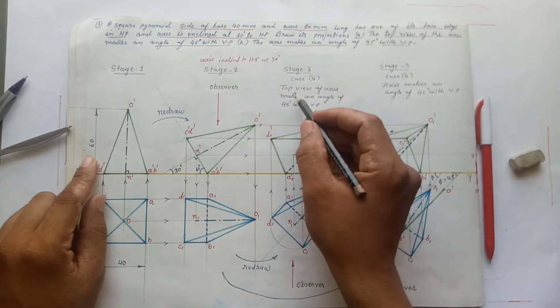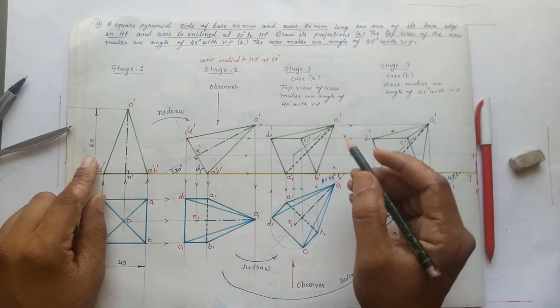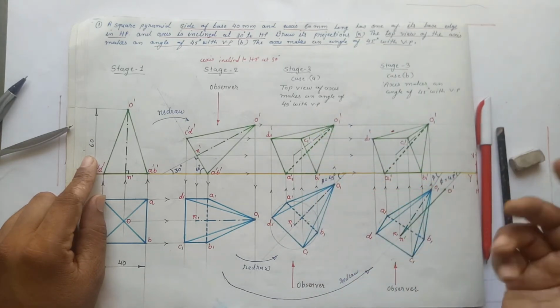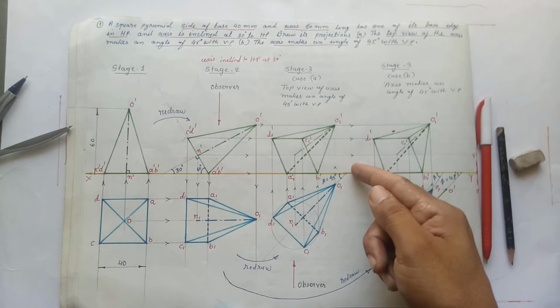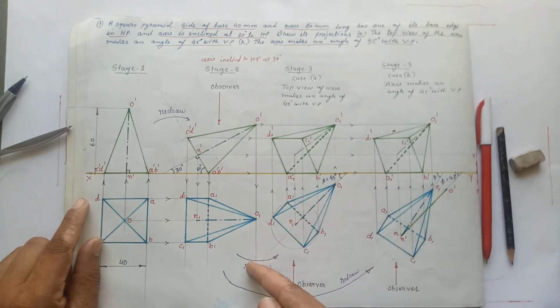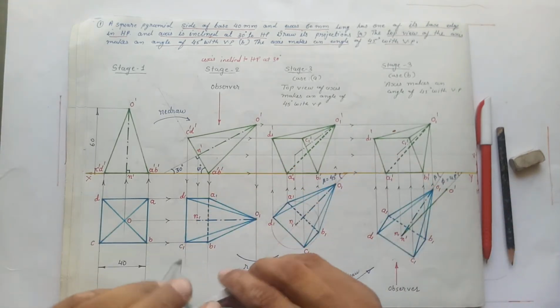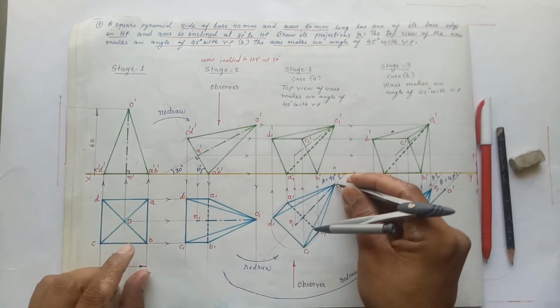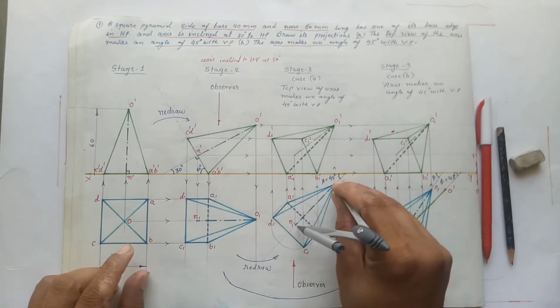Here it is given that the top view of the axis makes an angle of 45 degrees to VP, and the angle of the top view is beta, angle of plan is beta. So measure an angle of 45 degrees, and on that 45 degree line we have to take the top view of the axis.